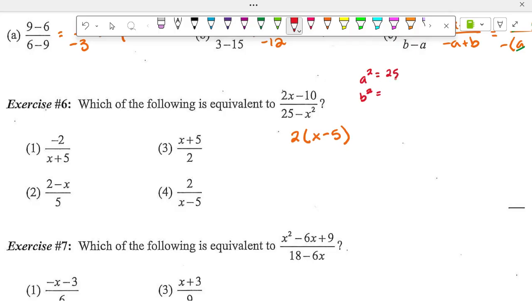So a squared is 25, b squared is x squared. If I take those square roots, what are a and b? What's the square root of 25? 5. Square root of x squared? X. So this would be 5 plus x, 5 minus x.